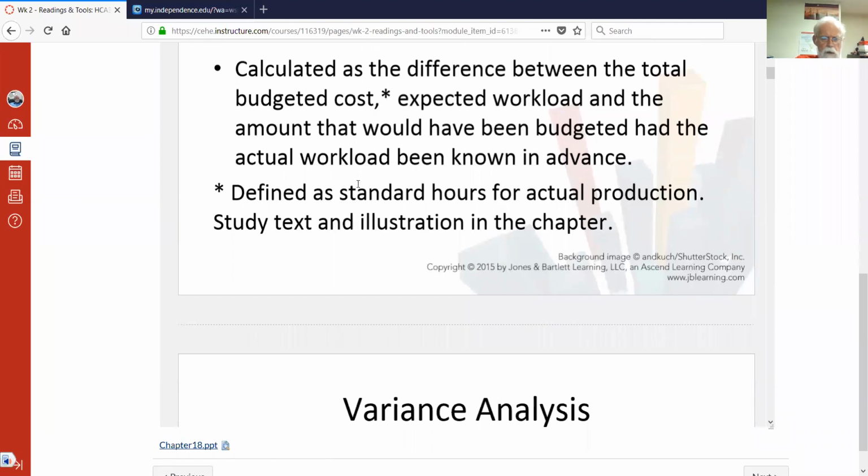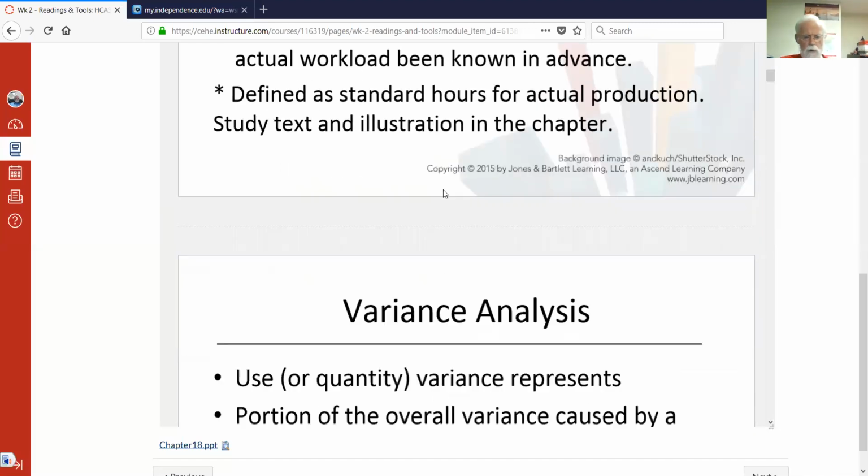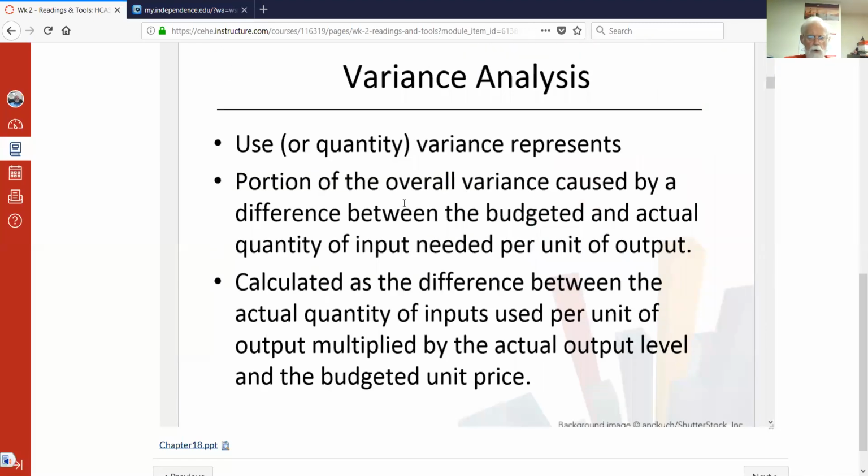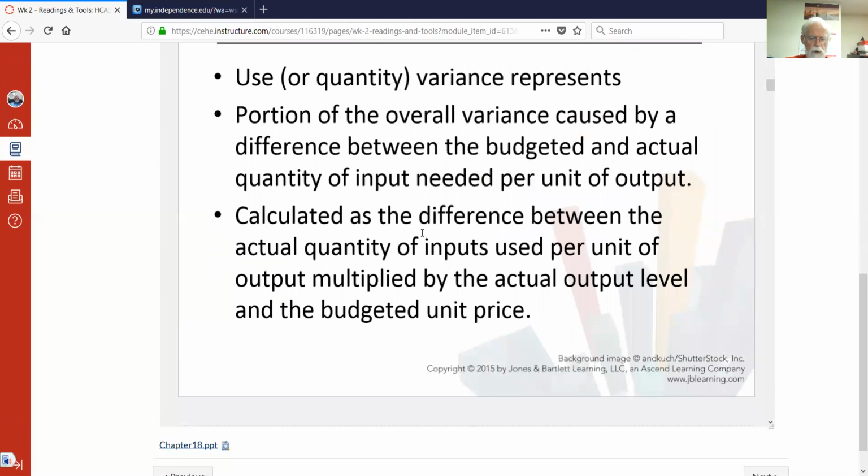So we look at the standard hours that we use. That can be industry standards or it can be internal standards. It's the portion of the overall variance caused by a difference between units that we've put in versus the units of output. This is a kind of generalized statement.